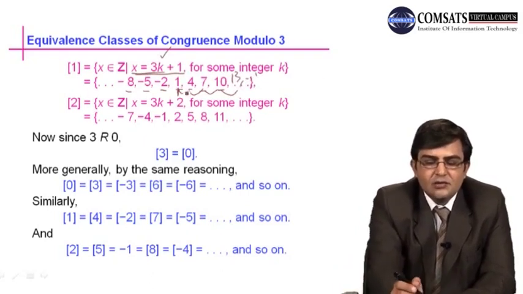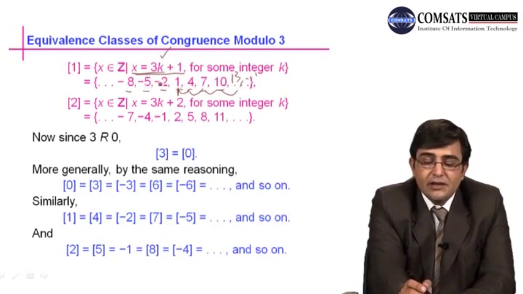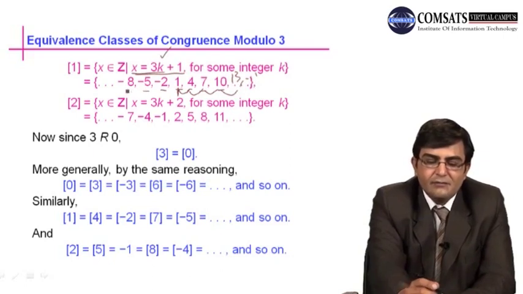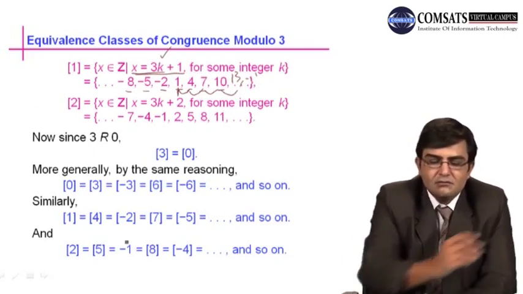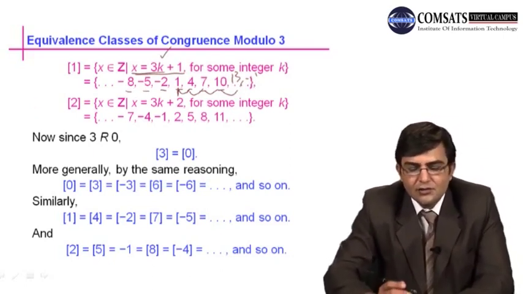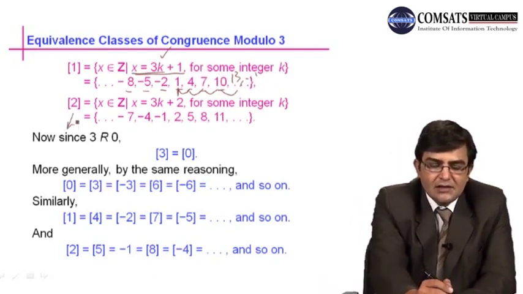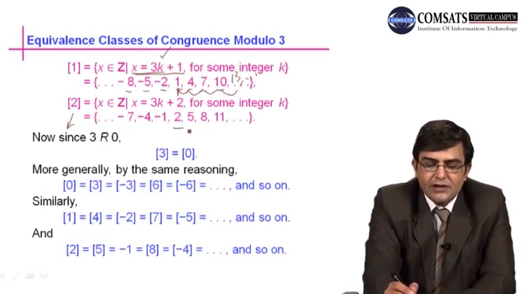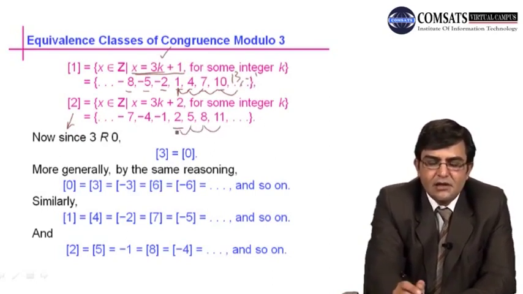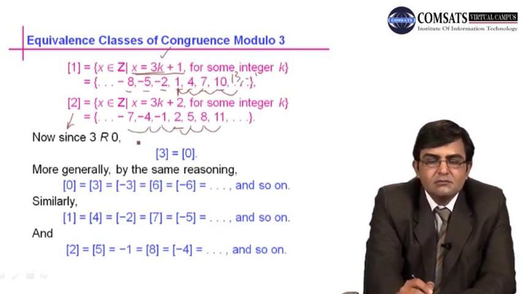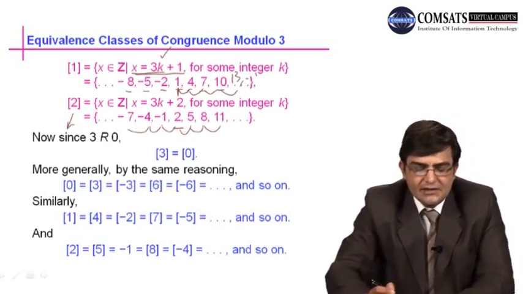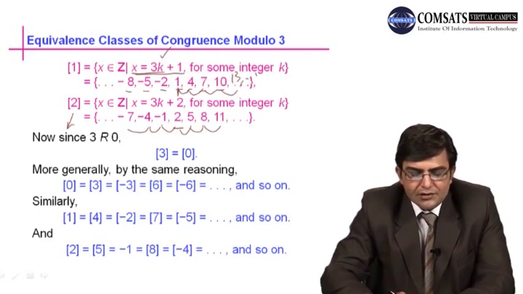On the left hand side, to get the next term, we subtract 3. 1 minus 3 is minus 2, minus 2 minus 3 is minus 5, minus 5 minus 3 is minus 8, and minus 11, minus 14 and so on. Similarly, we can immediately write the equivalence class of 2. We write 2 in the middle, we add 3 to each term to get the successive terms, and we subtract 3 from each term to get the terms on the left. So this is all.